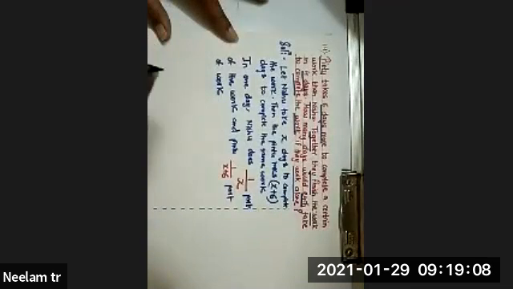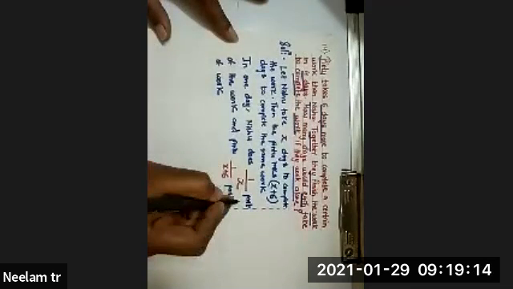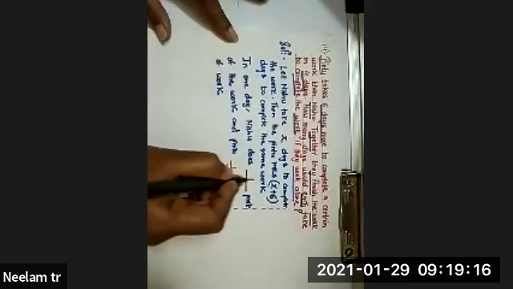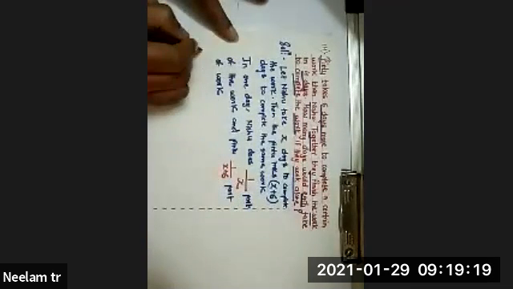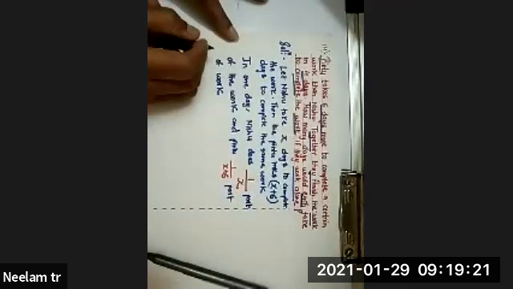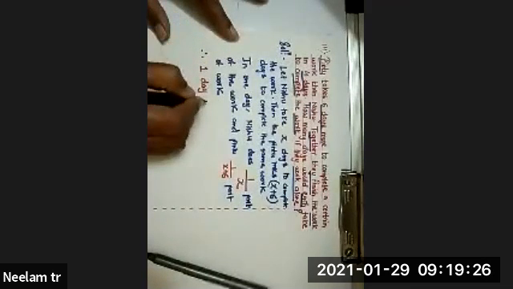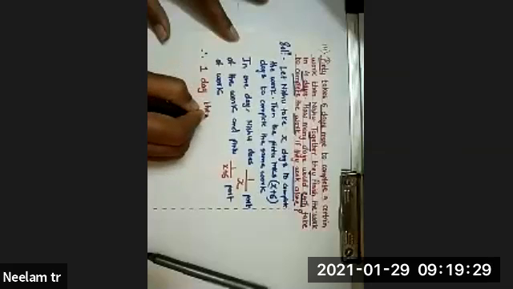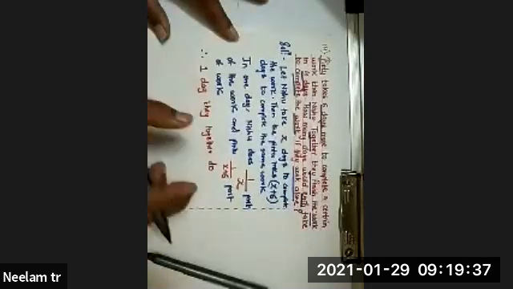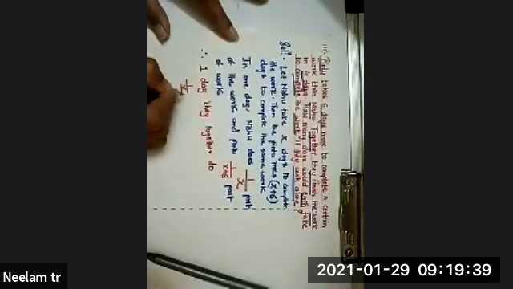In 1 day, they together do a part of work. How do they do it together? Together means you are going to sum these parts of work. So in 1 day they together do 1 by X plus 1 divided by X plus 6 part of work.